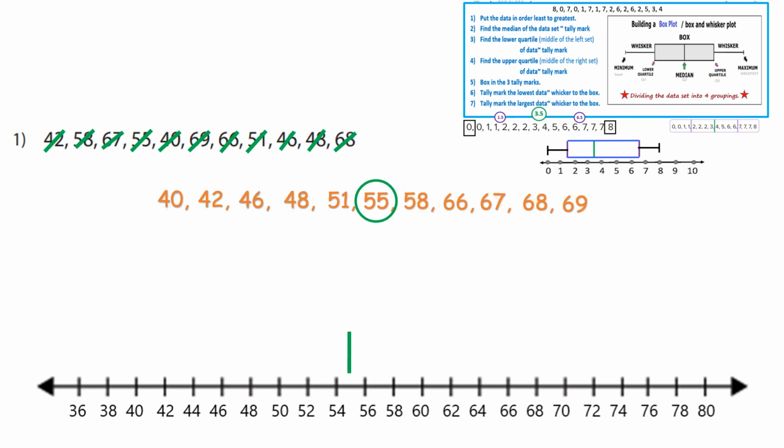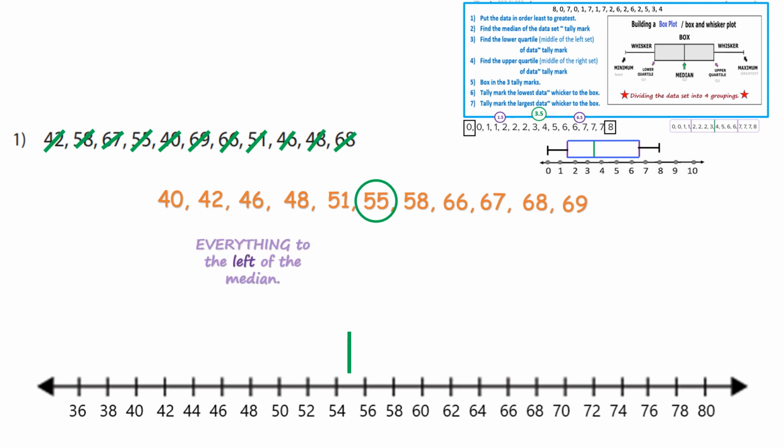But since I found my median, then I want to be able to mark it once again above my number line. Don't write it right on the number line because then my lines get confusing as to what I've marked. And notice that I don't have a 55 tick mark on my number line. Well, a lot of times you won't. A lot of times they'll be in different groupings or intervals, as we talked previously in Unit 10. So we just have to know where 55 would be, and we make our tick mark.